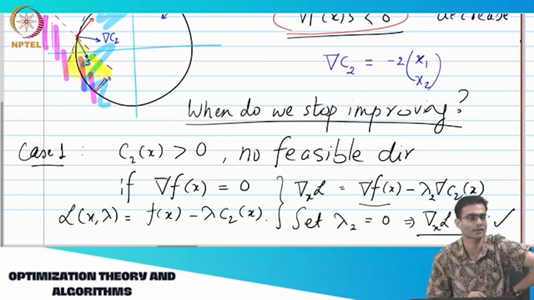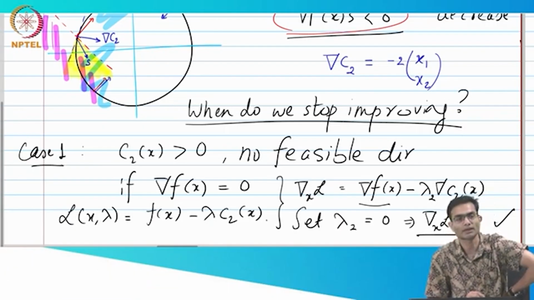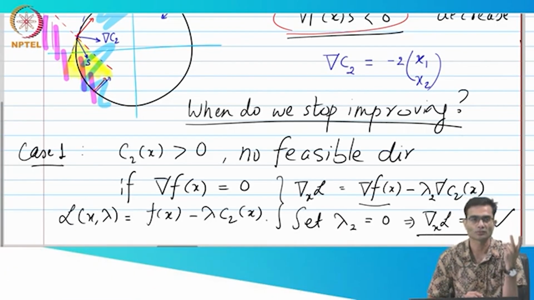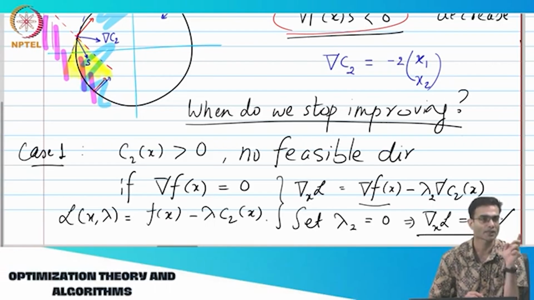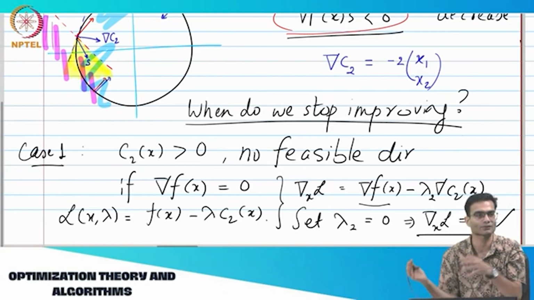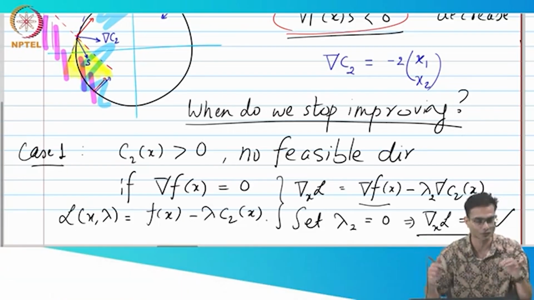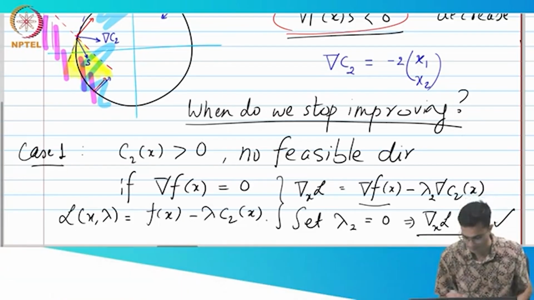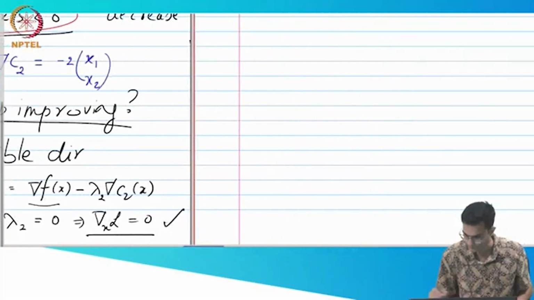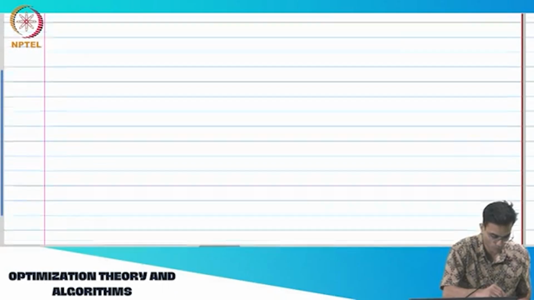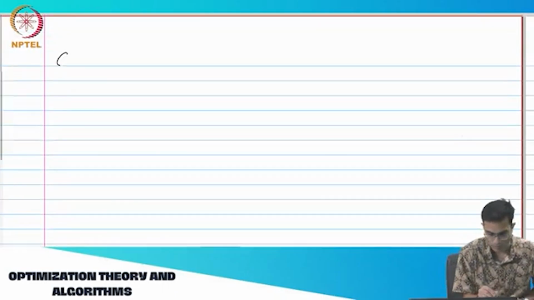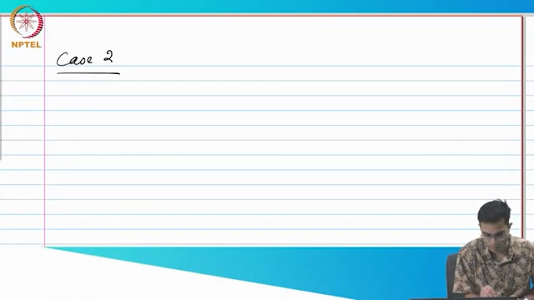I can say that if I am in case 1, then two things have to happen for it to be a signature of a stationary point: grad L equal to 0 and lambda 2 equal to 0. It seems very silly, like I'm artificially adding this in, but we'll see the power of doing that in a few moments. Now let's move to case 2.